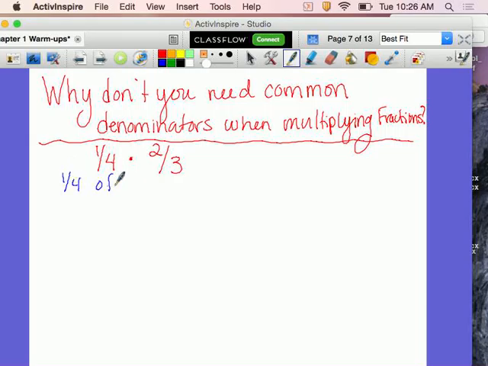I want 1/4 of 2/3. Remember, fractions are just talking about a portion of something. 1/4 of an Oreo cookie is tiny, where 1/4 of a pizza is giant. So it's really just part. I just want part of 2/3.